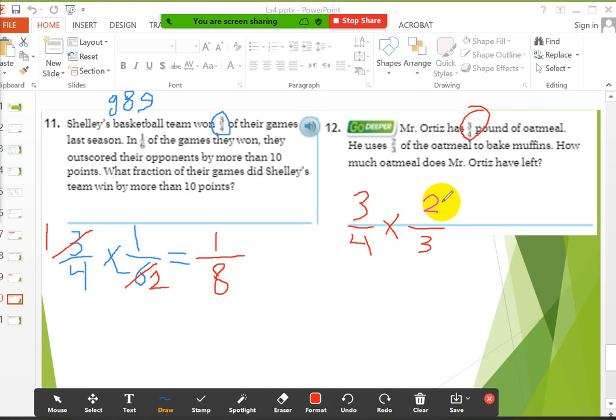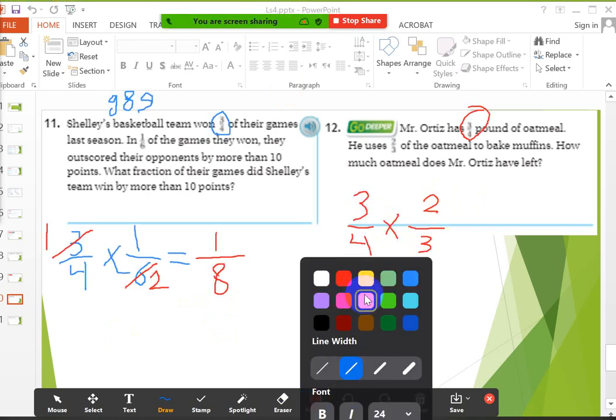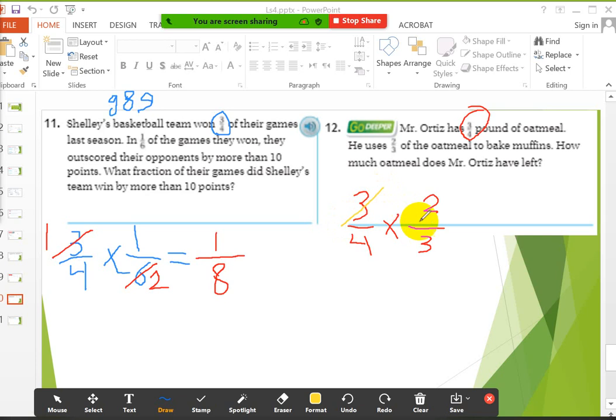3 and 3. Yes, of course. So I will choose 3 and 3. What is the greatest common factor for those numbers?